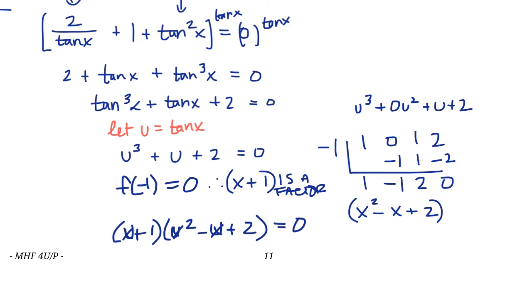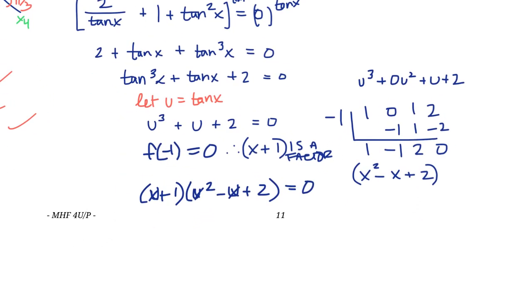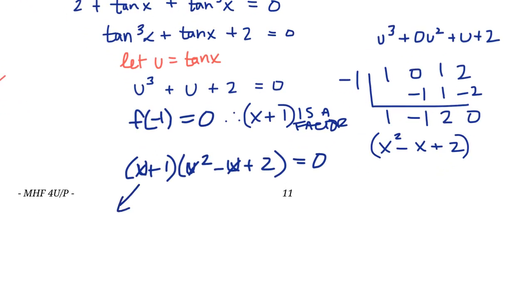Because remember, those are still tan x's, right? Now, something to look at. We now have two things that we need to basically solve for, right? We need to solve for when u plus 1 equals 0, and when u squared minus u plus 2 equals 0. Looking very quickly, we see this one's easy. It's where u equals -1, which we're going to plug tan back in a second.